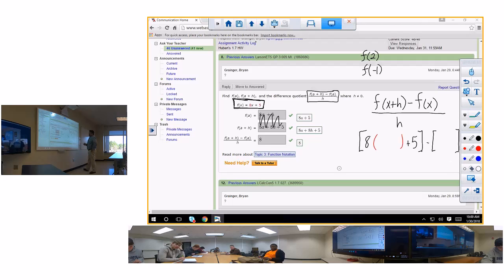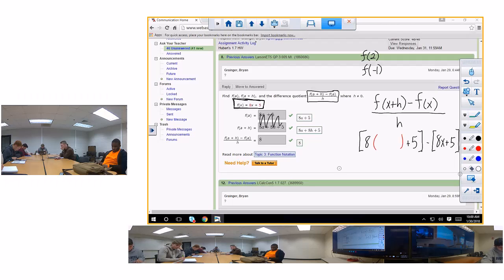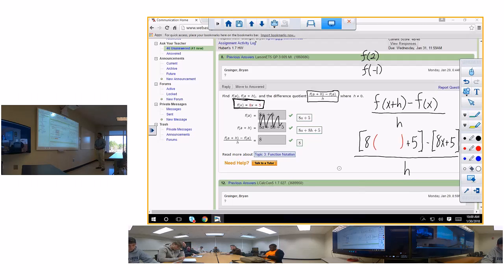F of x is 8x plus 5, over h. Now somebody tell me, what am I going to plug into this red set of parentheses here? X plus h.